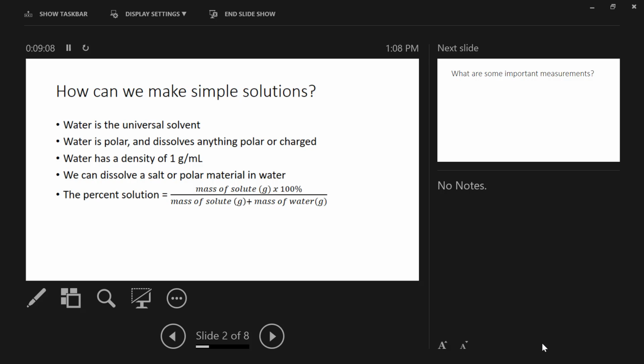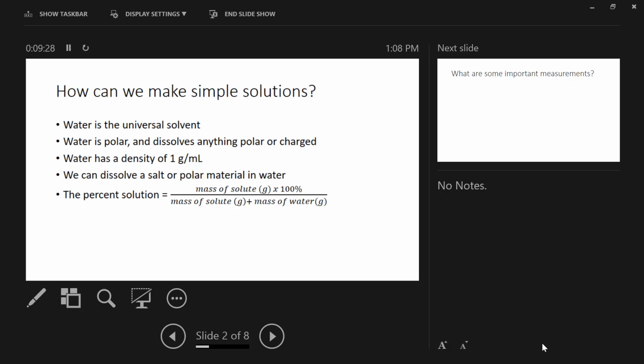This right here is table salt. We'll come back to this in a couple of weeks. But let's say we wanted to make a 35% salt solution. Now notice, it is not telling us what that salt is dissolved in. So it's assumed it's dissolved in water.